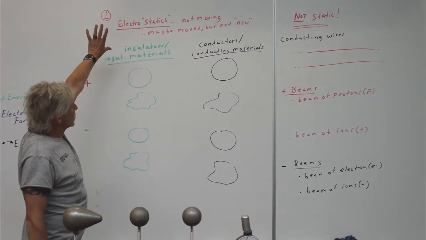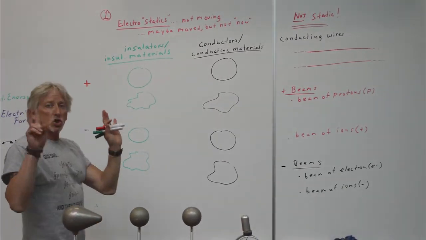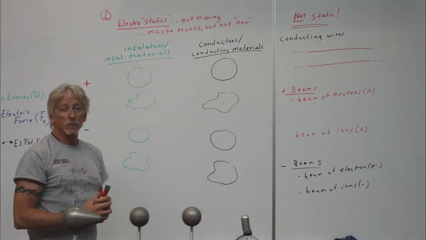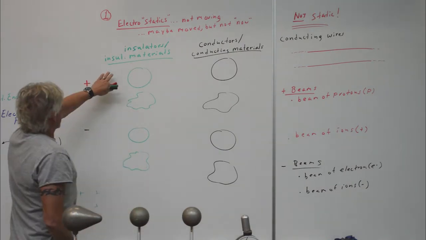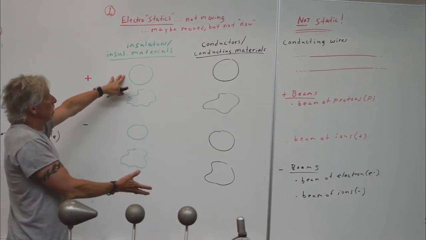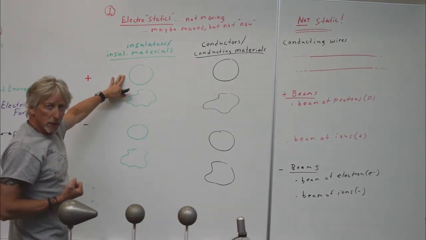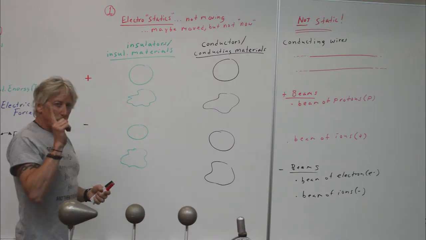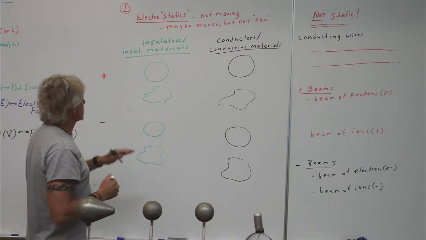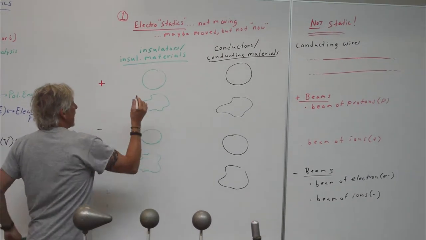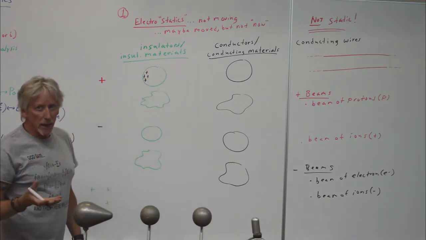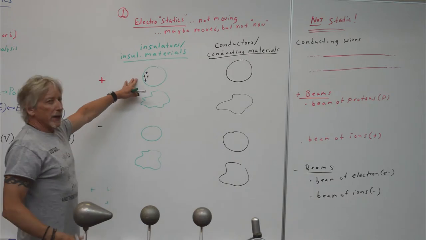So when I say electrostatics, then somehow I have charged these, which is to say, often I've transferred electrons from one thing to another. If I have an insulating material and I make something positive, then I've got to take the electrons away, right? And so remember this, that when I take the electrons away on an insulating material, I have a region of positive, again, not protons, and not charges.